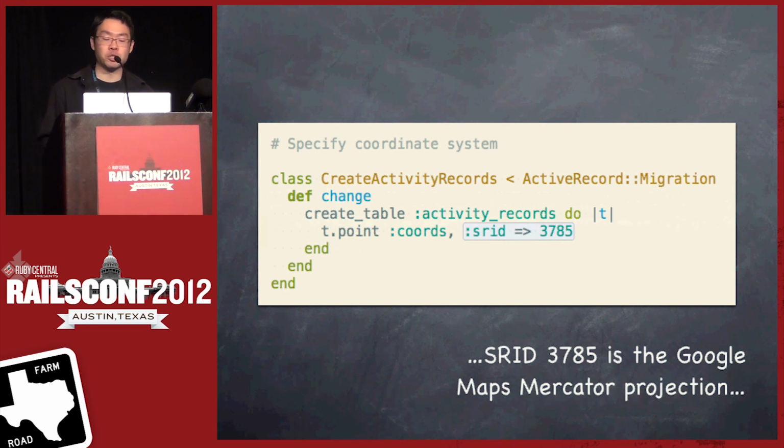It's not latitude and longitude. So we're going to use this coordinate system instead of lats and longs to store data in the database. I'll cover a little bit about why we're going to do that later on. But for now, just note that we're actually using a Mercator projection to store the coordinates. And so whenever we have to interact with the database, we may need to convert numbers, say, from latitude and longitude into a Mercator projection before we store it.